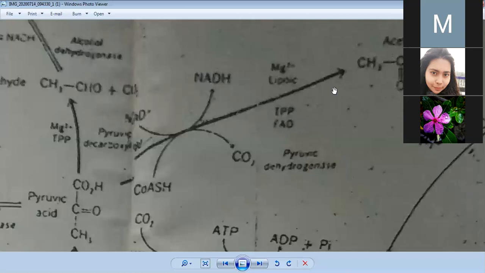But this reaction has 5 coenzymes, and as we already learned about vitamins, okay, vitamin B2. So you know that the B complex vitamins actually work as coenzymes. So you need to know these are 5 coenzymes and they are vitamins. So number 1, TPP. This TPP is a coenzyme. And what is the name of the vitamin for TPP? Vitamin B1.